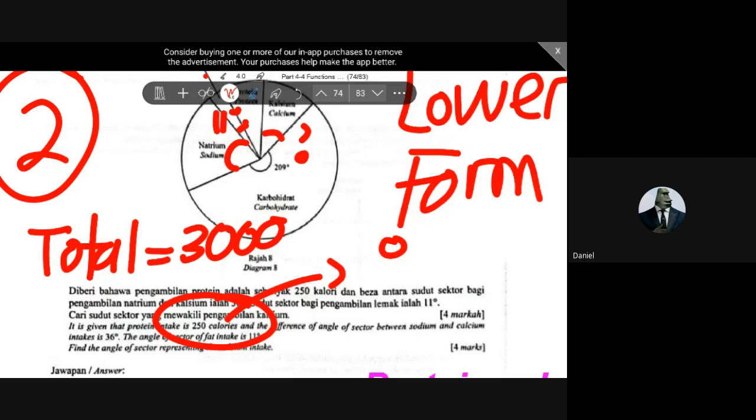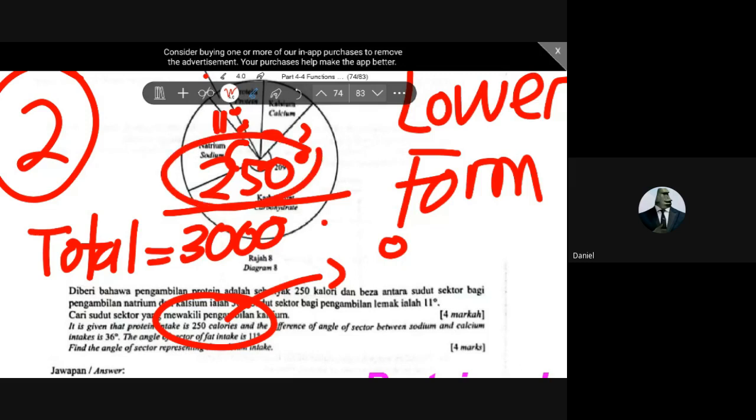Okay. Yes, very good Ain. Yes, very good Syafiq. 250 over 3000 darab dengan 360. Sebab kita kena bandingkan ratio, nisbah antara kalori bagi protein dengan jumlah kalori darab dengan jumlah sudut bagi satu bulatan.